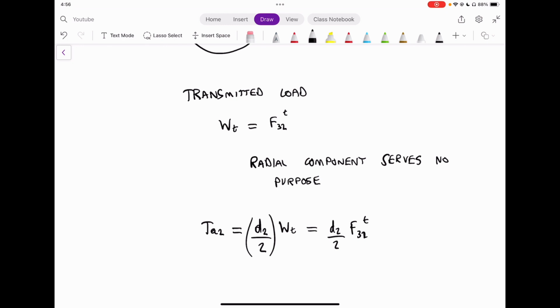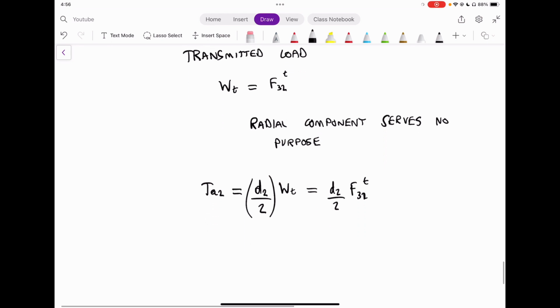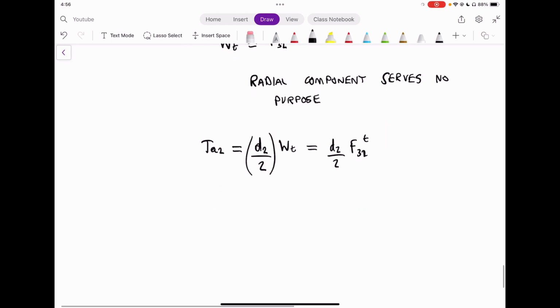Okay, and we'll talk about direction of torque later on, but for now, we know the torque is happening. We know that that torque is usually happening in the same direction as the rotation of the system. Okay, so now we can look at power transmitted. If we have a torque through our system and we've managed to write our torque in terms of force on the teeth, we can also write a power transmitted.